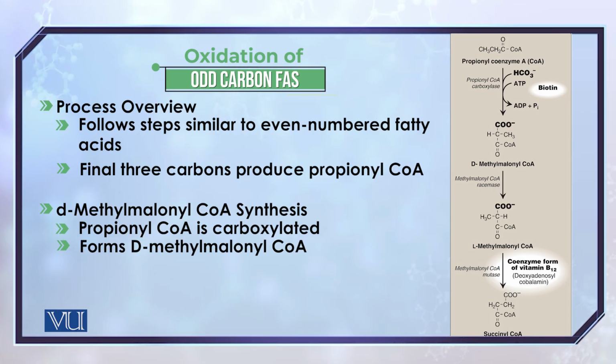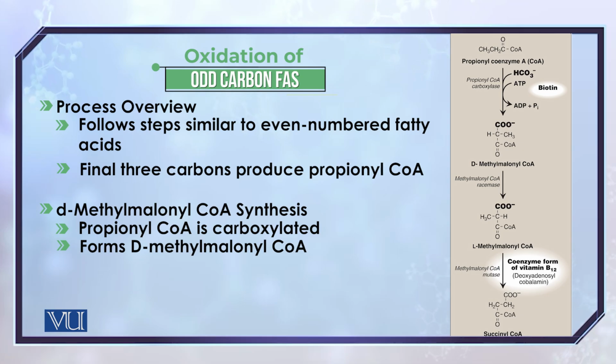Now the propionyl CoA cannot be converted into the acetyl CoA through the same enzymes which are used when we are dealing with the beta oxidation of the compounds which contain an even number of carbon atoms. Here the enzyme machinery has to be a bit different.